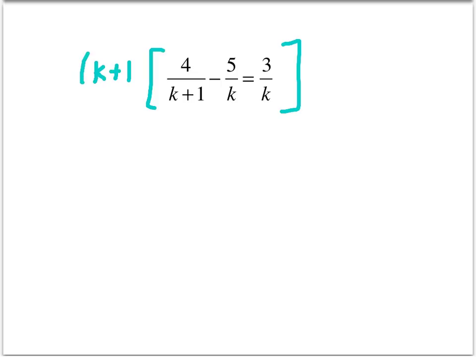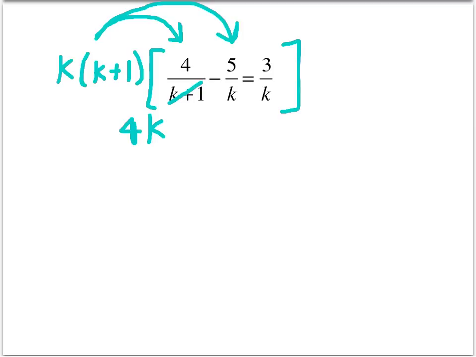I'm going to multiply actually by k times k plus 1. In other words, that's my whole gamut of denominators there. So when I multiply this times this, notice that the k plus 1s will cancel out. What I'll end up with then is 4k. When I multiply this times this, my k's will cancel out.